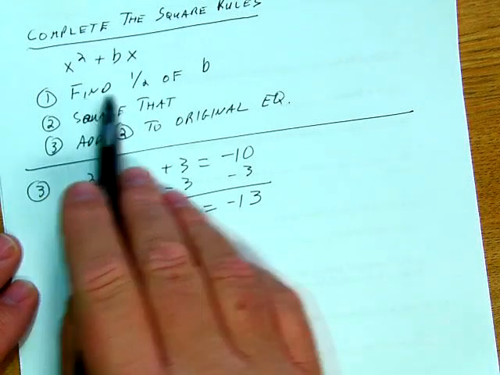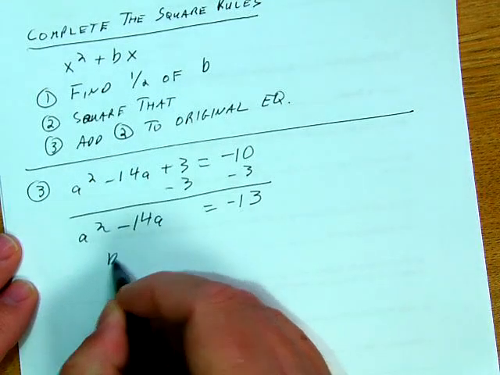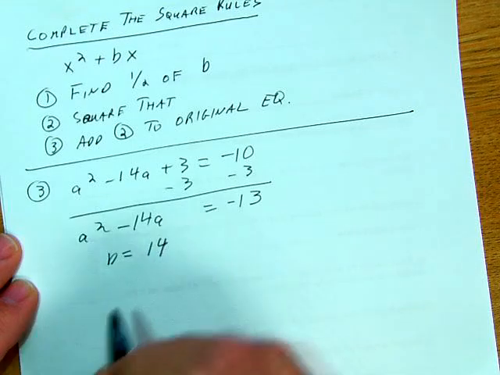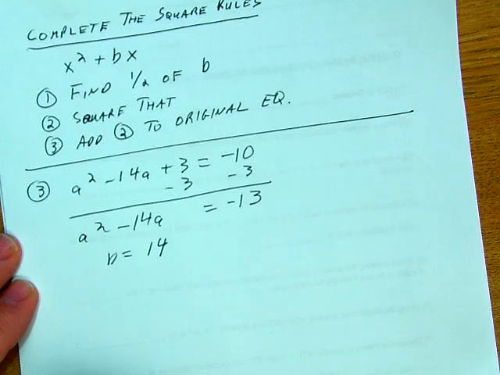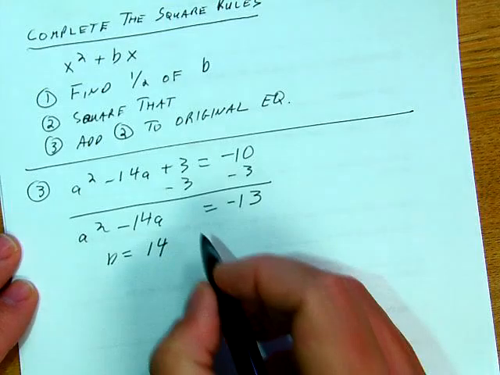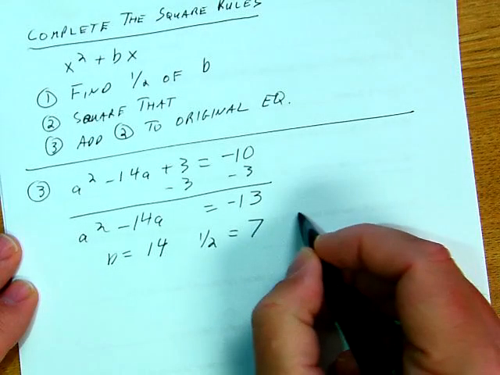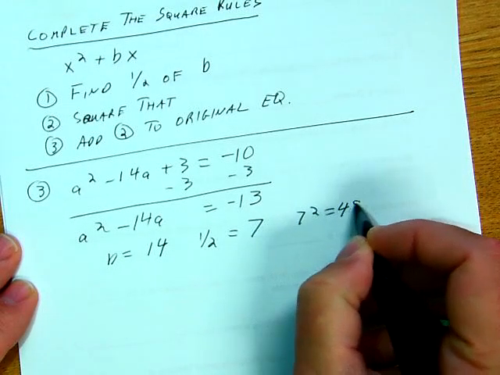So what's the first thing I do? Find half of b. Well, b is equal to 14. Half of b is equal to 7. And 7 squared is equal to 49.